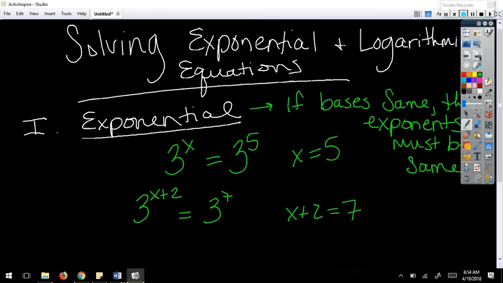Let's say I had 3 to the x equals 81. What does x equal? 4. 3 times 3 times 3 times 3. What you're doing, but you're doing it in your head, is you're saying, what do I need that power to be? But you're changing the base here, okay?